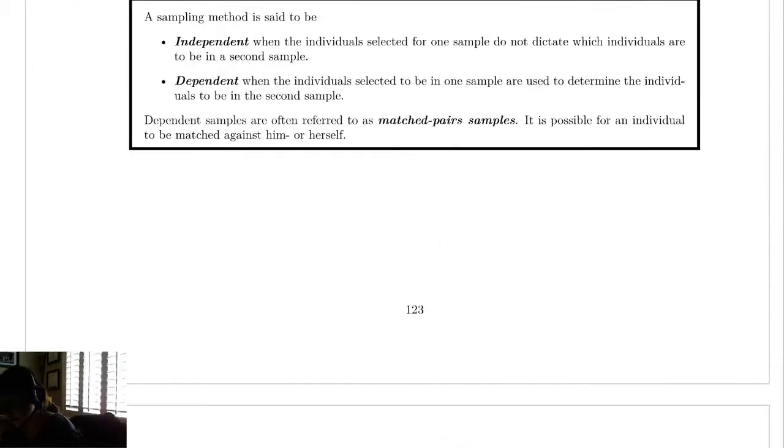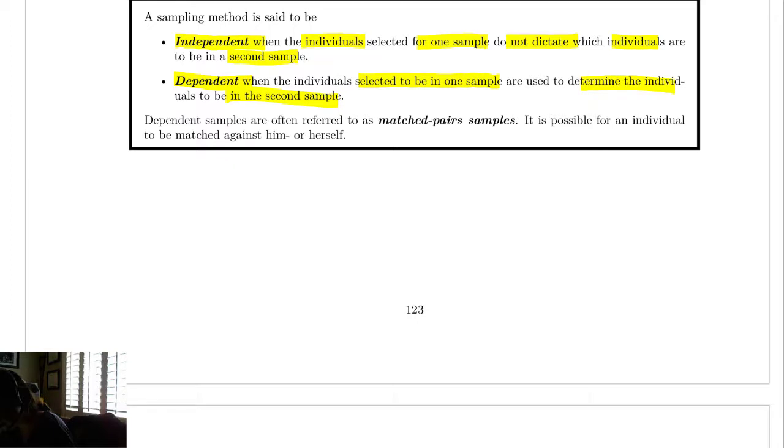So independent sampling methods means that the individuals selected for one sample do not dictate which individuals are in the second sample. However, with dependent sampling, the individuals selected to be in one sample are used to determine the individuals in the second sample.